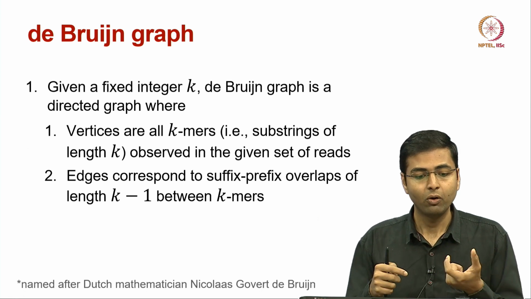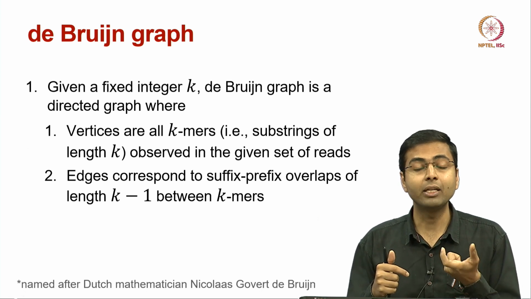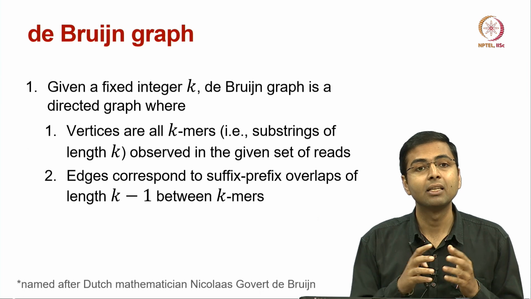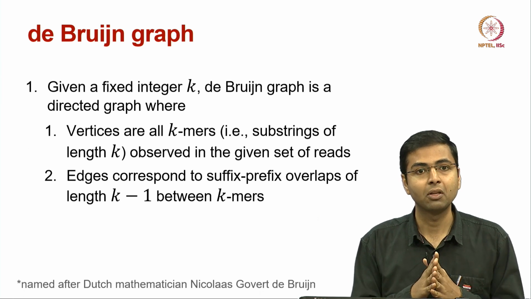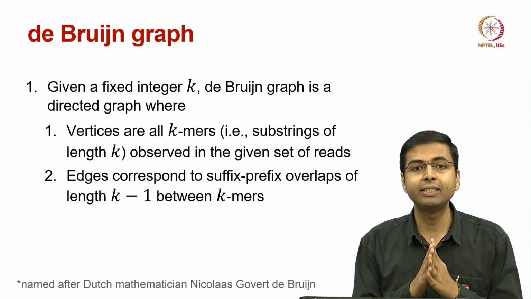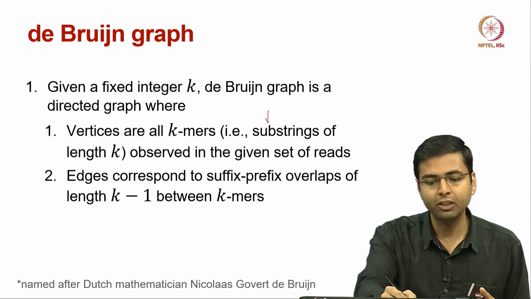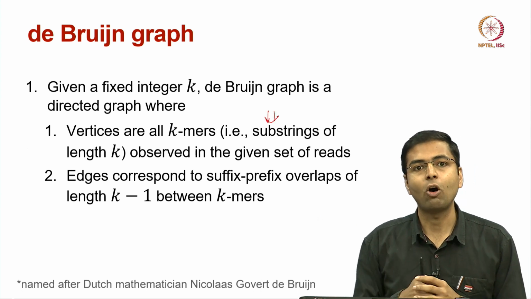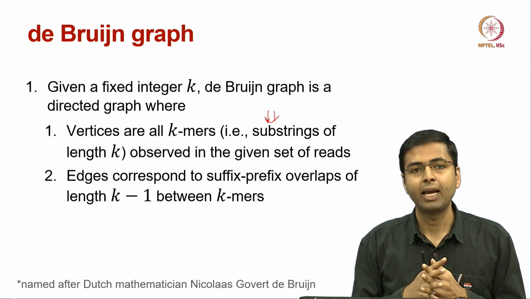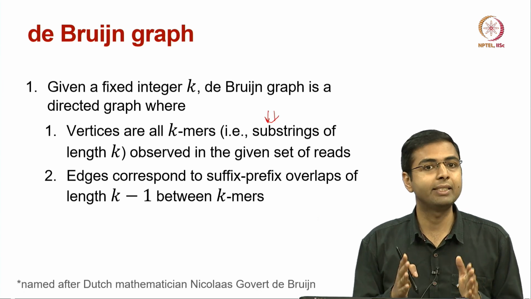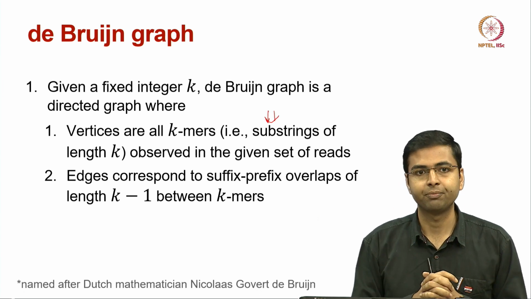The vertices in this graph are all the k-mers, that is, all substrings of length k observed in the given set of reads. These form the vertices of the de Bruijn graph.